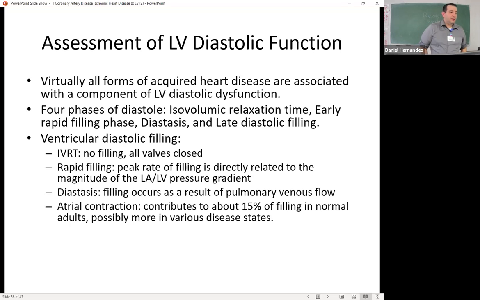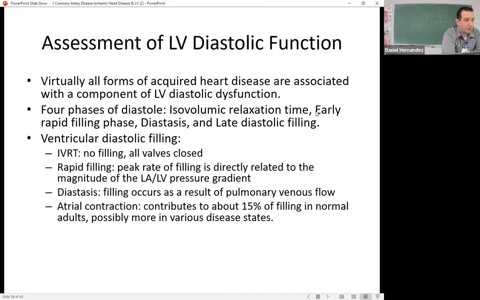So that was systolic dysfunction. So now we're going to shift gears into diastolic dysfunction. This is becoming more and more studied and a larger and larger part of your traditional echocardiographic exam. When I was starting, diastolic dysfunction was just becoming known, with more and more emphasis on it.